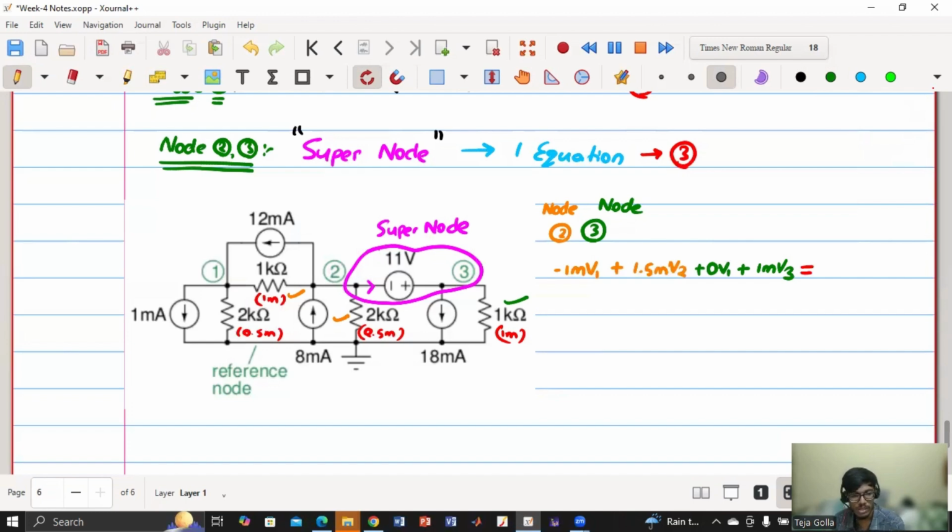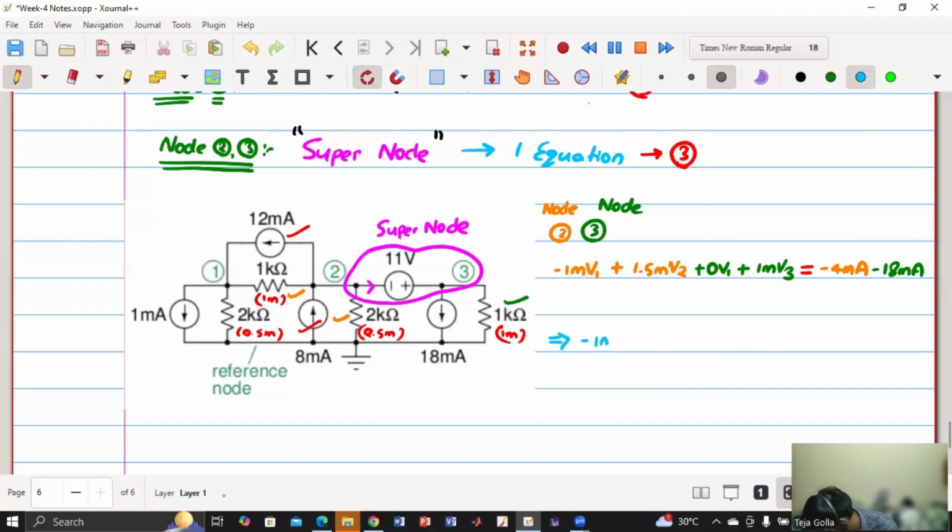Now can you tell me what is the current entering node 2? Considering this one and this one, how much is the current? Minus 4 milliampere. And at node 3, how much is the current entering? Minus 18 milliampere. So now let us rewrite this expression.